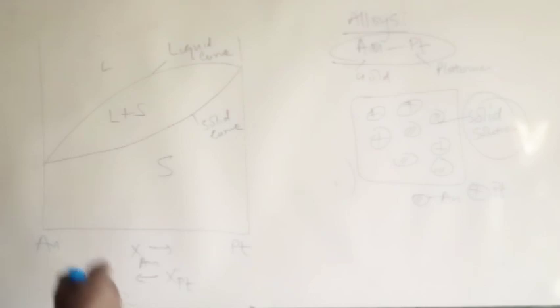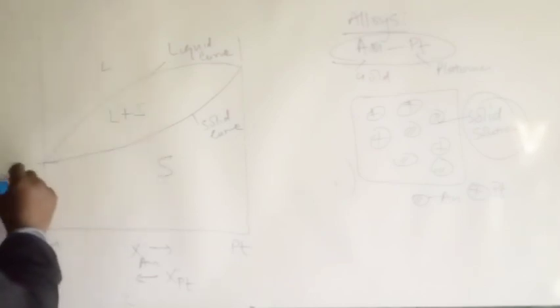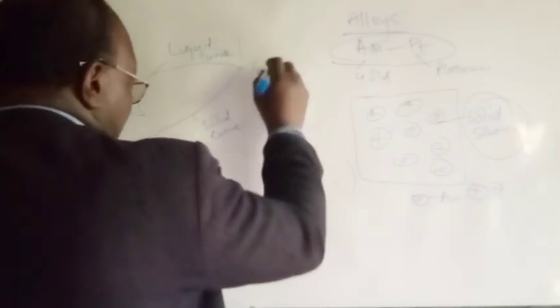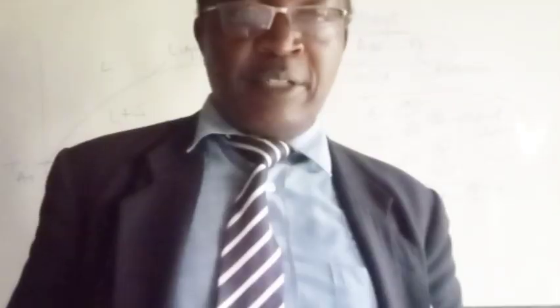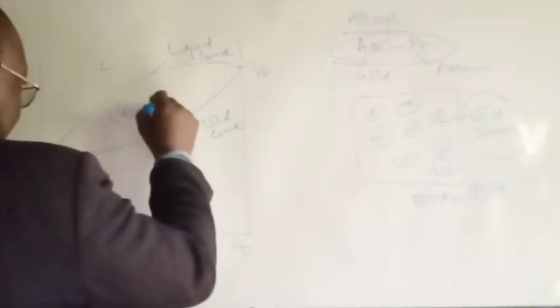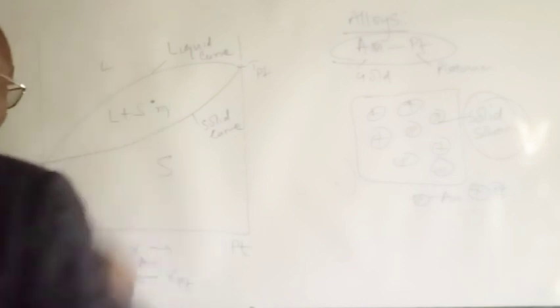So the one with the lowest melting point will be more in the liquid. So in this particular case, that's the melting point of gold, and that's the melting point of platinum. So we expect more of gold in that solution. And so, what about in terms of the state points? If you take a hypothetical state point, let's call that M1, that's state point M1.